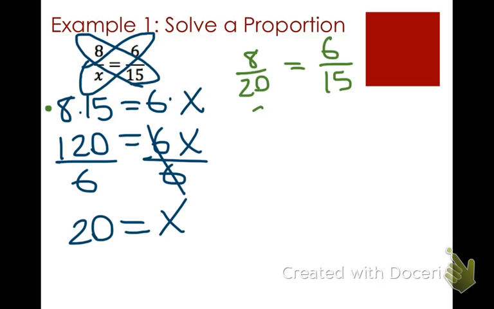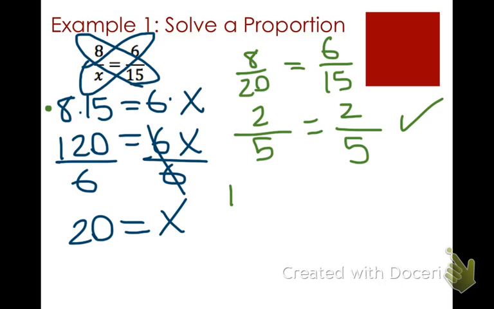So 4 goes into 8 twice. 4 goes into 20 5 times. And 6 and 15 have 3 in common. So 3 goes into 6 twice, and 3 goes into 15 5 times. So because those ratios are equal, we know we found the correct answer. Or if you want to plug it into the equation, that should work too. So 8 times 15 is 120, and 6 times 20 is 120.